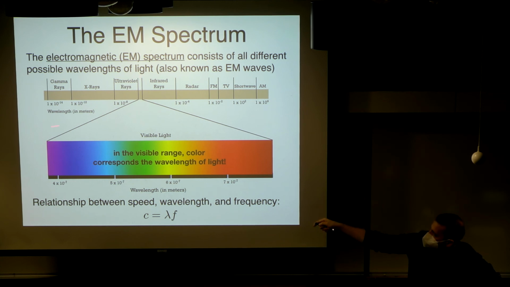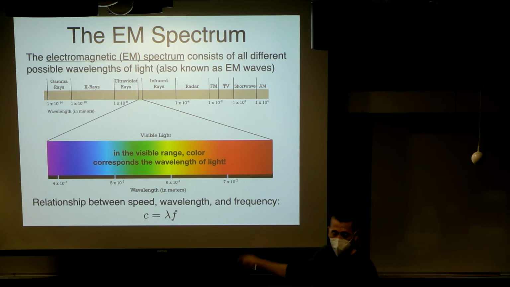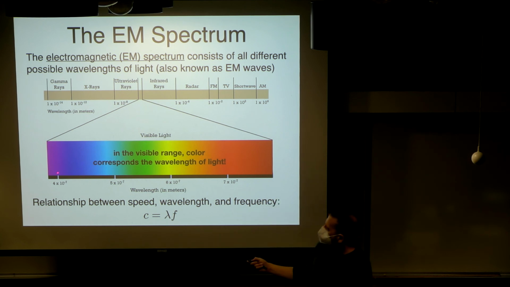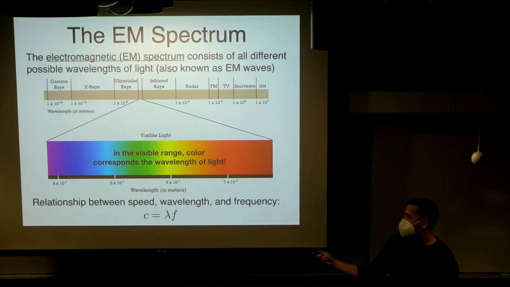So we can kind of expand that because we care a lot about visible light, but it really takes up a tiny fraction of the overall spectrum, as you can see here. And the visible light spectrum goes from violet to red. So violet colors are about 4 times 10 to the minus 7 meters, or about 400 nanometers in wavelength.